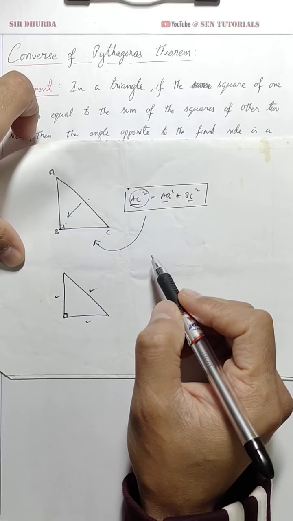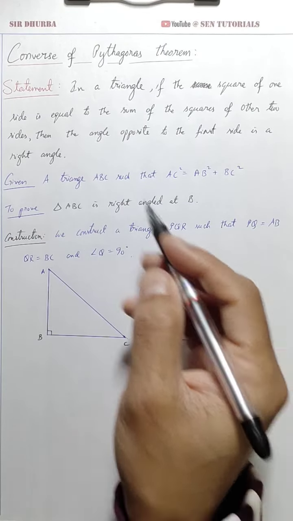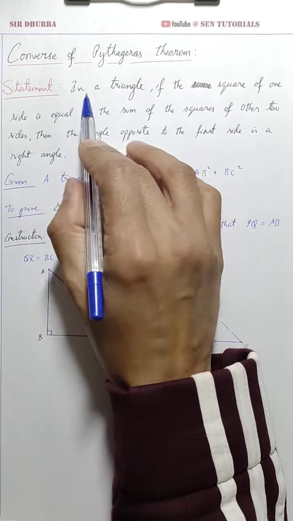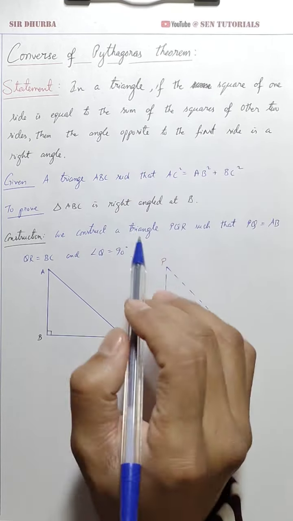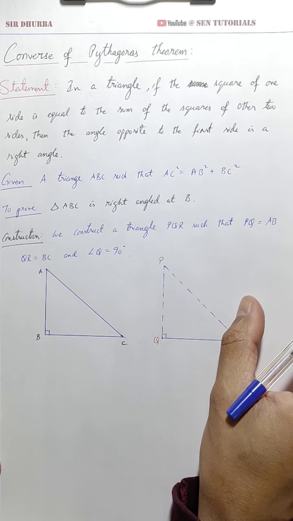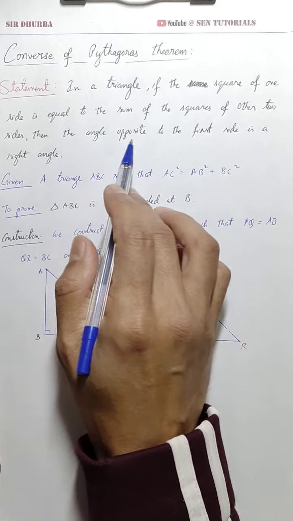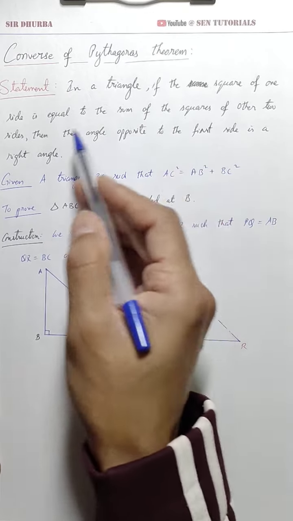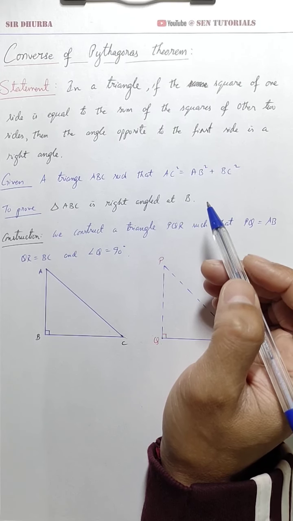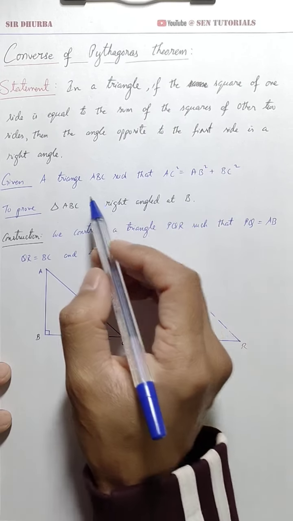That's what we are going to prove with this converse of Pythagoras theorem. So the statement is: in a triangle, if the square of one side is equal to the sum of the squares of the other two sides, then the angle opposite to the longest side is a right angle. Okay, so now let's see how we prove it.